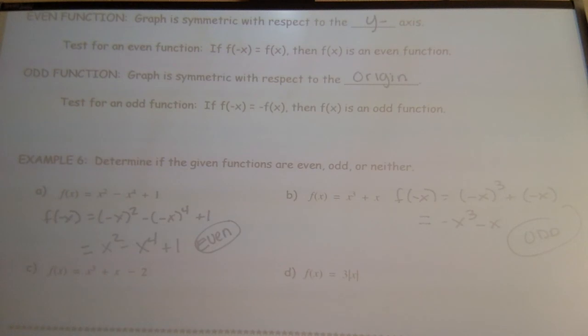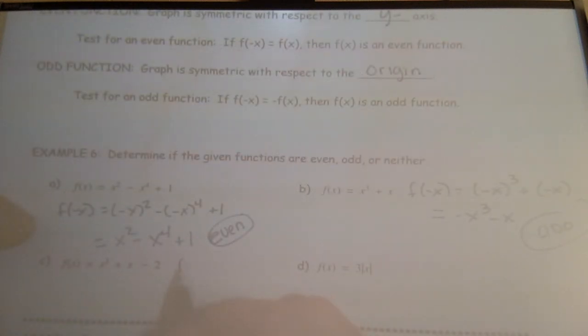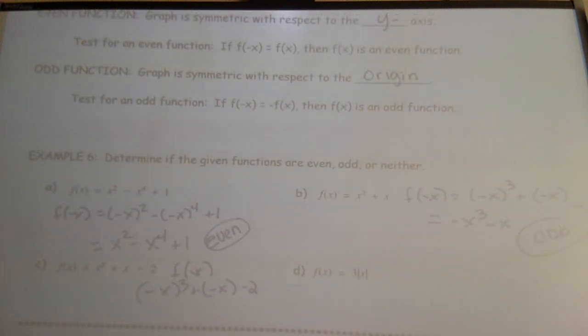Compared to C, when I plug in a negative x, we get a negative x cubed plus a negative x minus 2. This becomes a negative x cubed. This becomes a negative x.